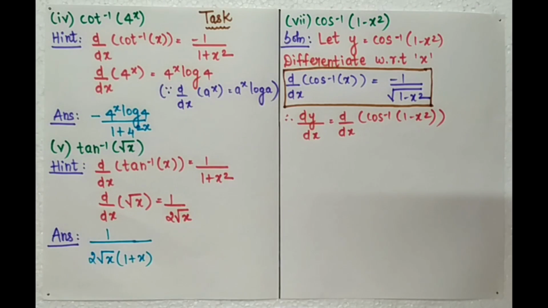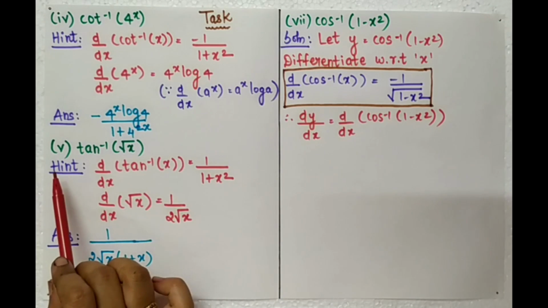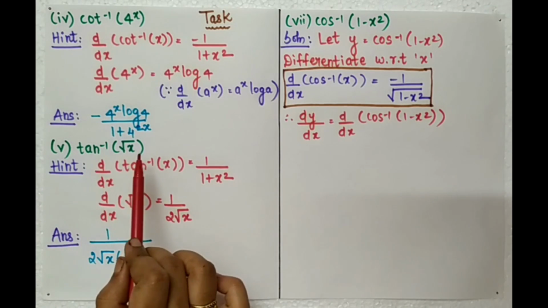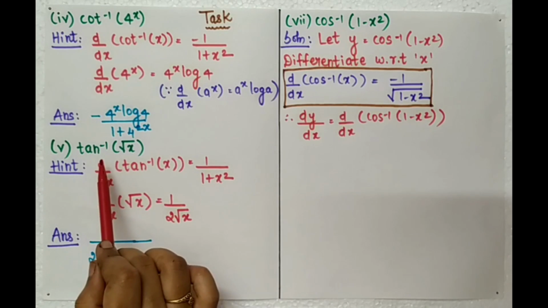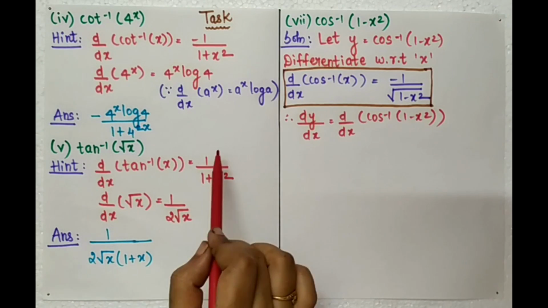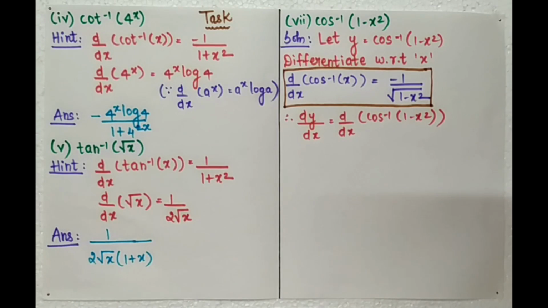Using this we can solve this. Similarly, question number 5 is tan inverse root x. Here we need to remember the derivative of tan inverse x, that is 1 upon 1 plus x square, and the derivative of root x, that is 1 upon 2 root x. Here also I have provided you with the answer. Please solve and verify with this. If you face any problem, please ask me in the comment box.